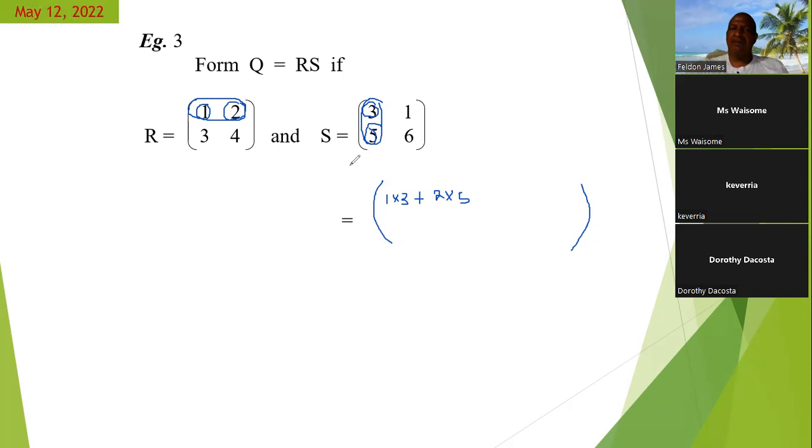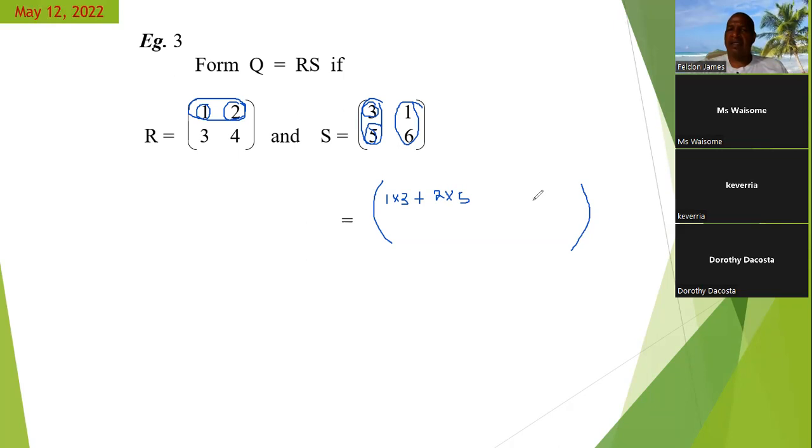So it means that we have to now use the same row with the second column to get the top element over here. So can you walk me through the process of what would we get over here?